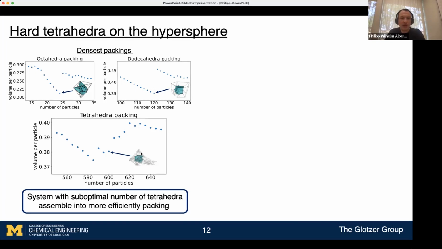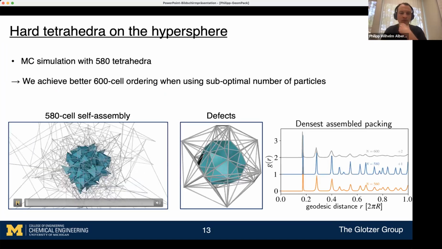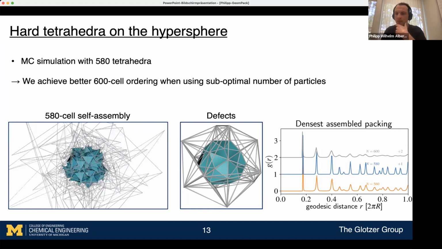However, for the tetrahedron, it seems that you need fewer particles to get a more dense configuration. But why is that? Well, to look into this, I did also a couple of these simulations, and here's one of them.